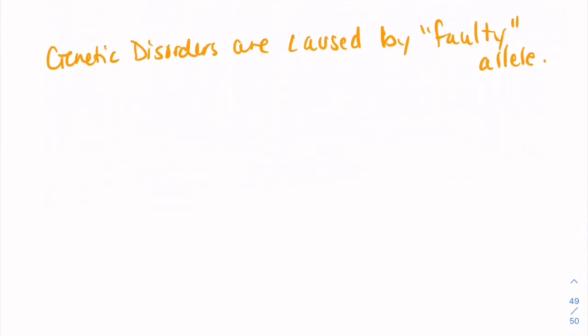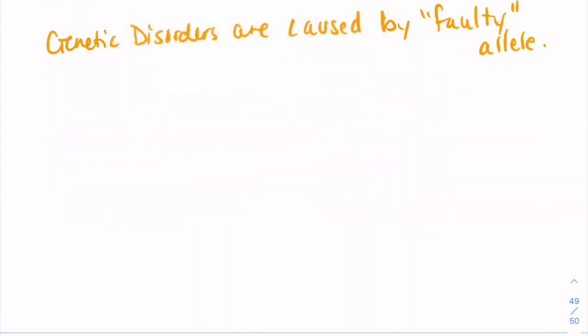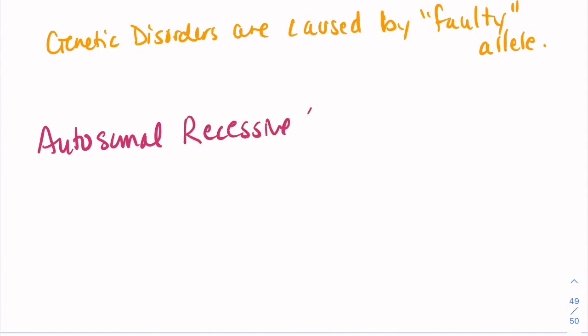So we got different types of human genetic disorders. Let's switch up. What haven't we done in a while? Let's go with this reddish color here. The types are what we call autosomal recessive disorders.